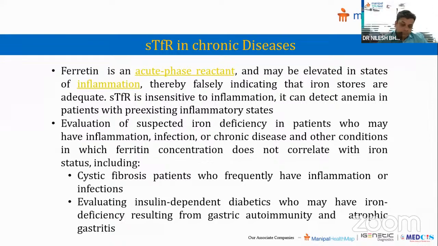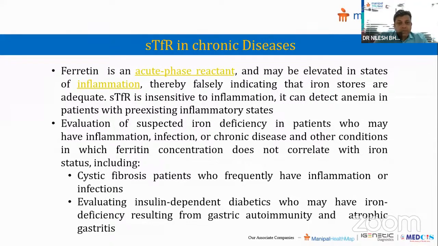Because of that, you may have a false impression that the iron store is normal, if the patient has an iron deficiency along with a chronic inflammatory condition. In that condition, we cannot depend on ferritin to assess the iron balance, because ferritin, as an acute phase reactant, goes on increasing in chronic inflammation, and in that way we have a false impression of adequate iron status.